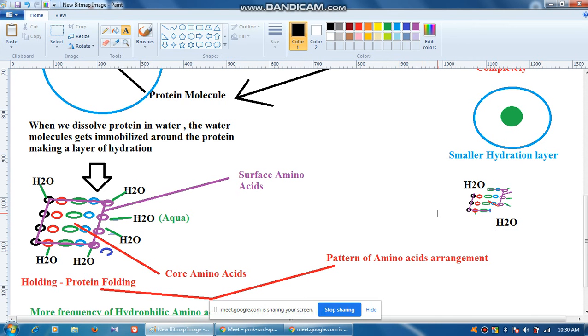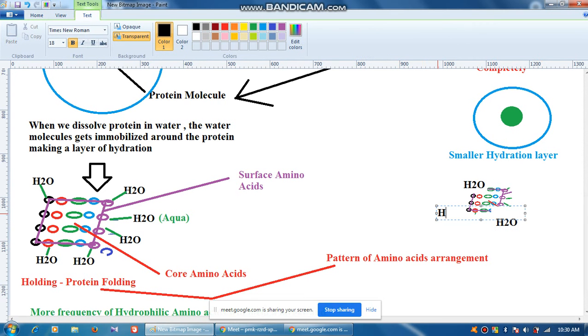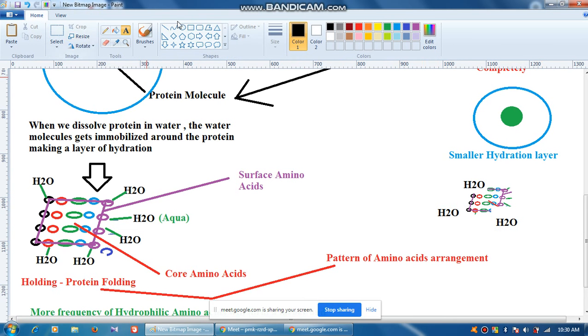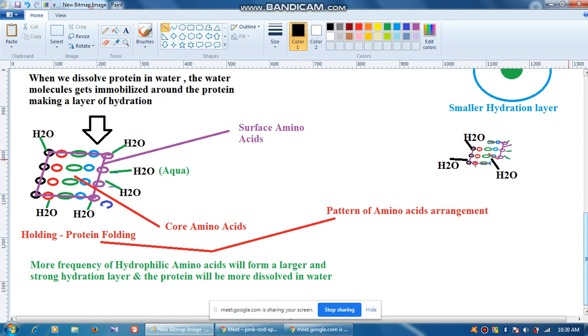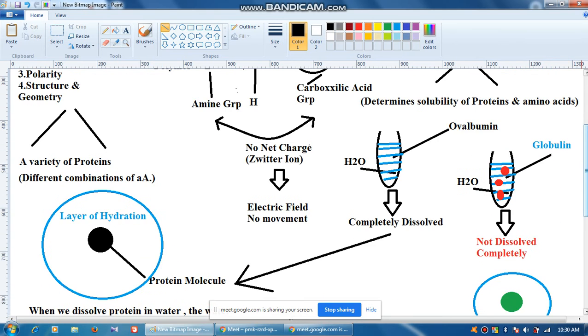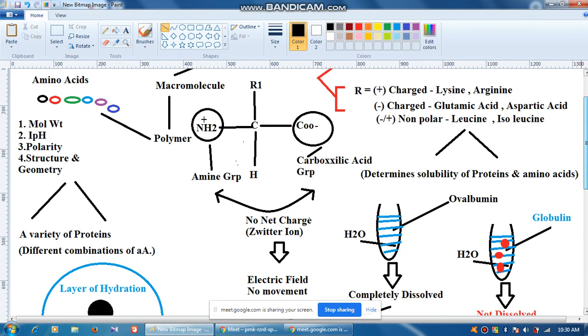Like this, only 3 or 4 molecules, and therefore there will be much less penetration of water, which will ultimately lead to a condition where precipitates are formed. So here the folding pattern is different. There are some other issues, but these are the things responsible for what we call solubility.